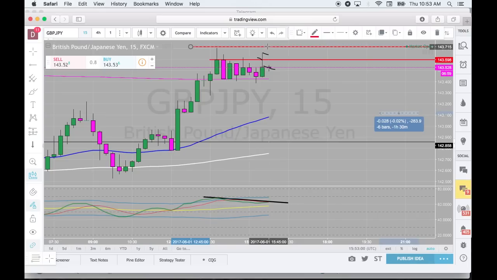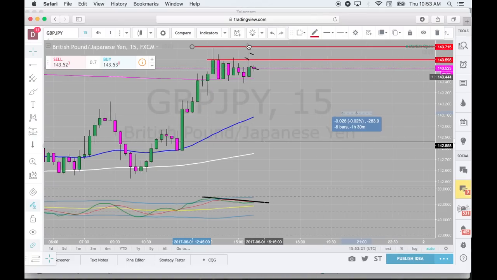Your stop loss would be right here at that second leg, above the first leg. 5, 10 pips above the first leg. That is normally good. 12 or 13 pips above the second leg, depending on how volatile the second leg was. Now where would you place your take profit?